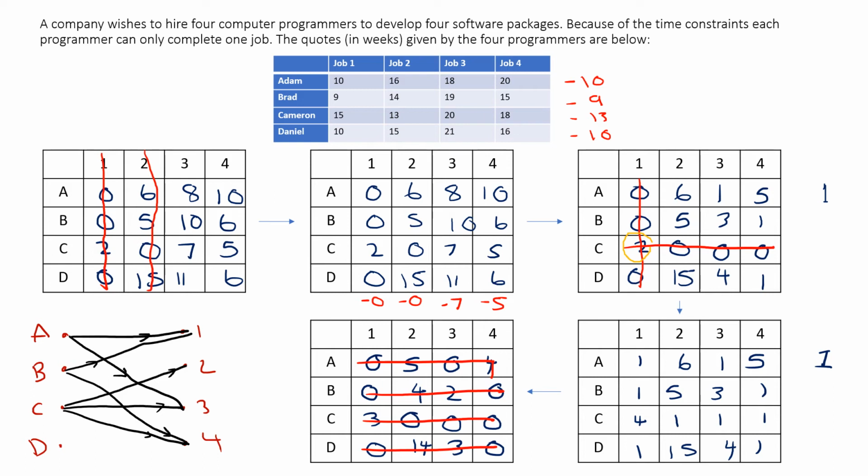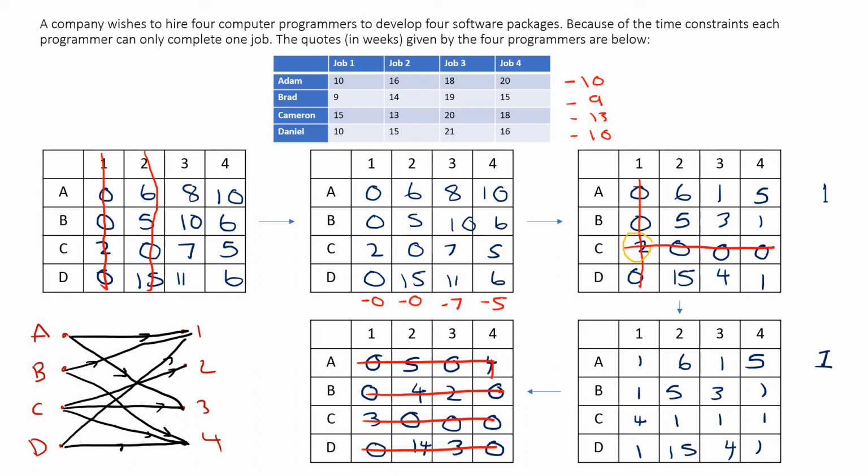And finally, Daniel at job 1 and job 4. So this one has quite a lot of arrows here, quite a lot of connections in our bipartite graph.